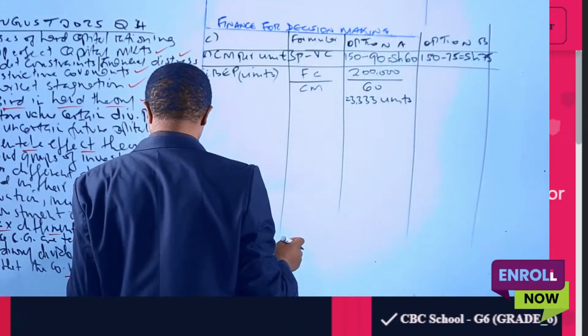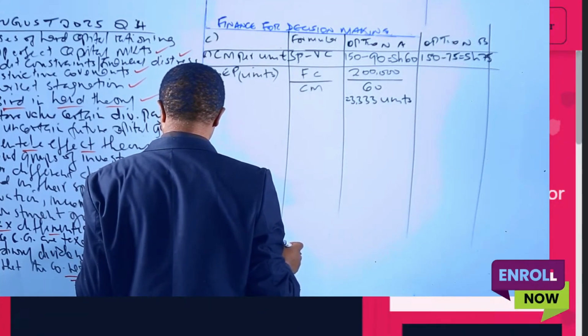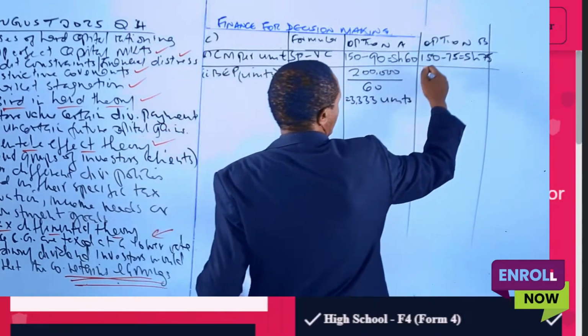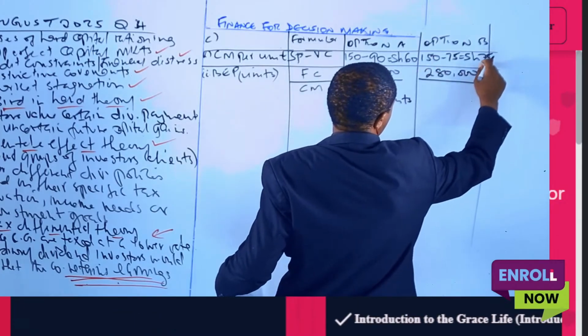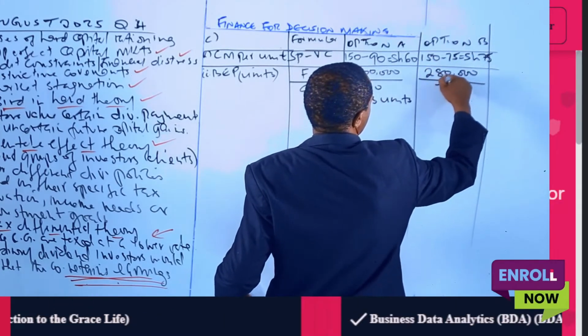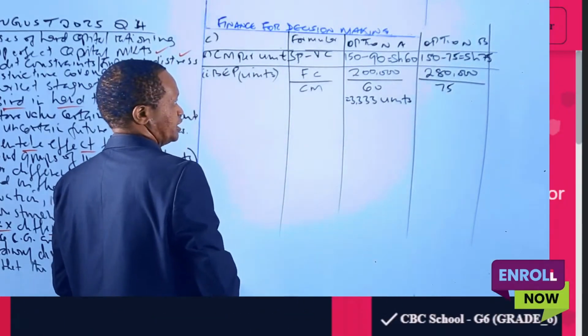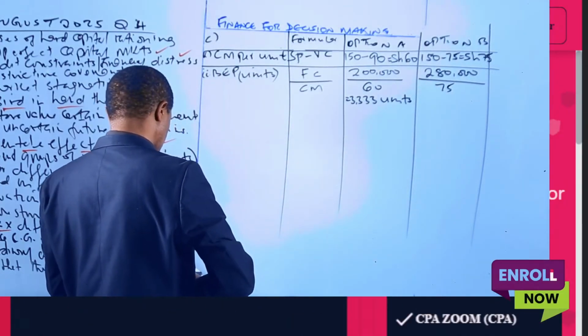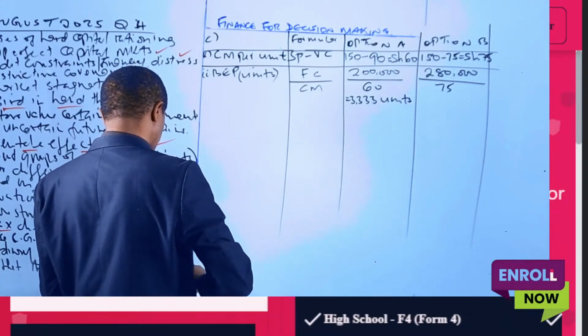Let's do the break-even point for option B. The fixed cost for option B is 280,000. 280,000 divided by the contribution, which here is 75. So I take my machine again and punch in 280,000 divided by 75.